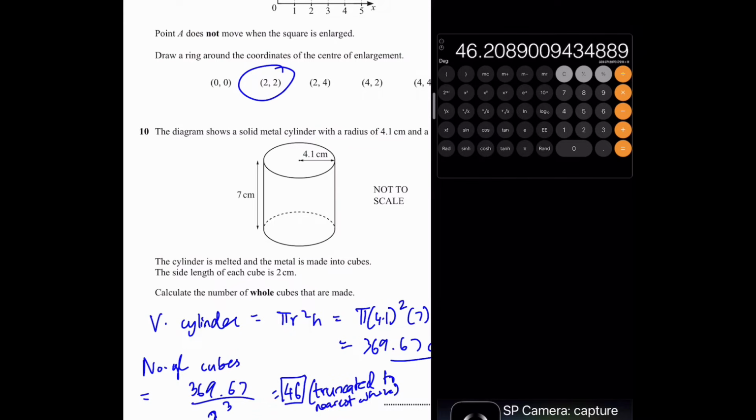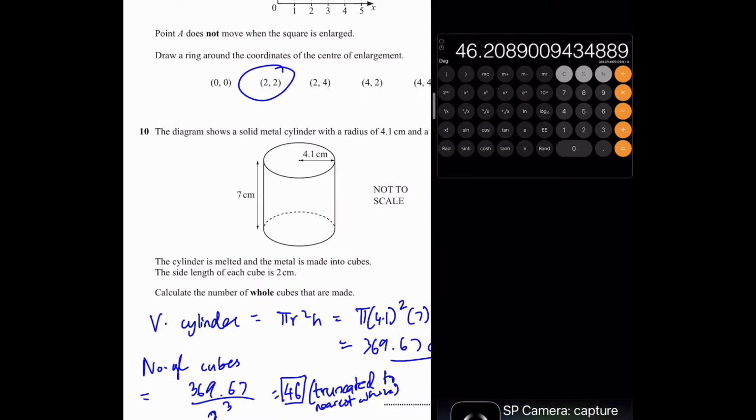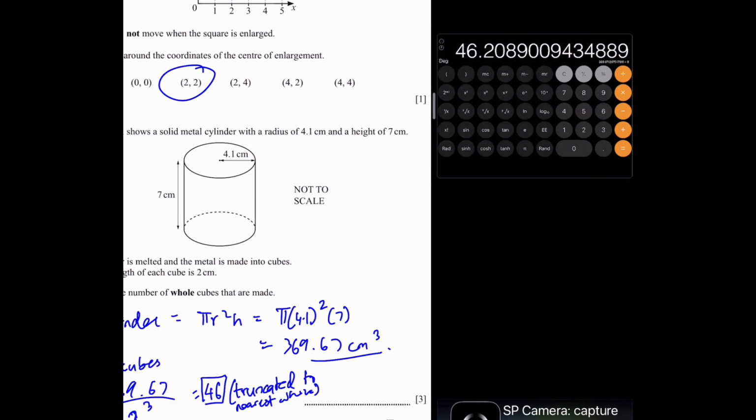So the number of whole cubes that's made is only the integer part. If you have 46 point whatever decimals here, only this part is the number of whole cubes. This part will give the remainder, or whatever volume of metal is left. So the answer is 46. Let's just write that down and go to question number 11.